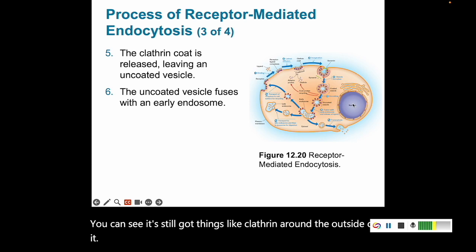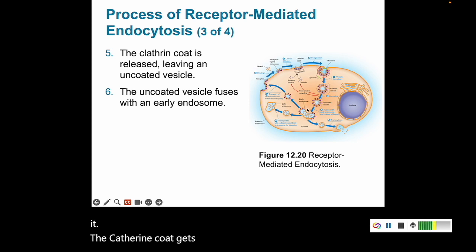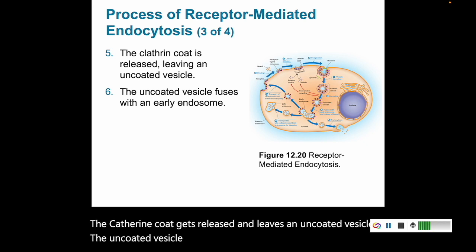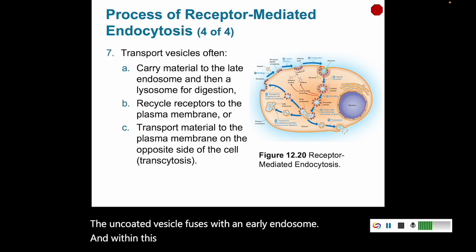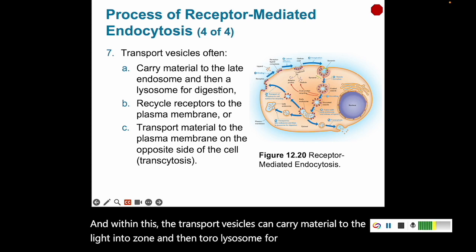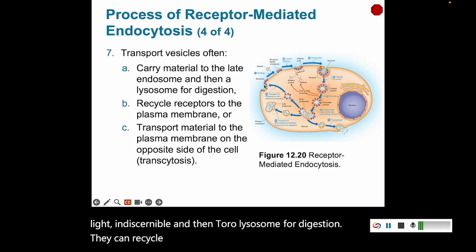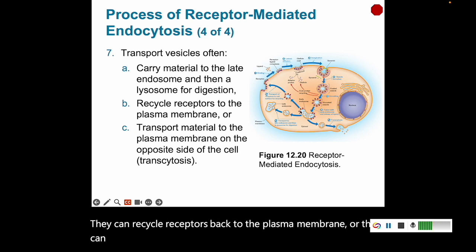The clathrin coat gets released and leaves an uncoated vesicle. The uncoated vesicle fuses with an early endosome. And within this, the transport vesicles can carry material to the late endosome and then to a lysosome for digestion. They can recycle receptors back to the plasma membrane, or they can transport material to the plasma membrane on the opposite side of the cell, what's called transcytosis.